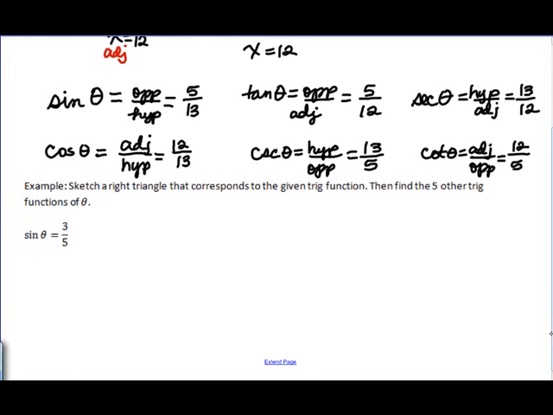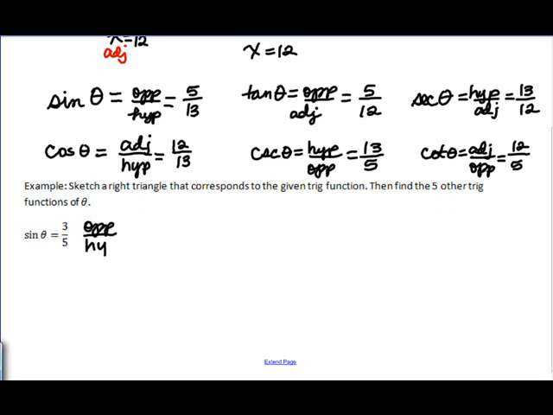Now, the last example I want to do with this is to sketch a right triangle that corresponds to the given trig function, then find the 5 other trig functions of theta. So now we're told we have sine of theta is equal to 3 over 5. Well, remember what sine of theta is. It's the opposite over hypotenuse.